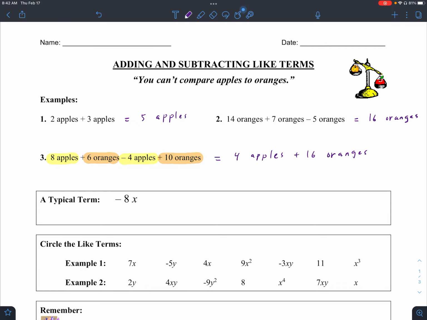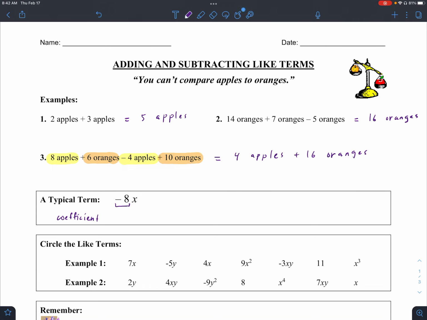So let's now talk about what a mathematical term actually means. What is a typical term in math? A term in math has a coefficient. This part here, this number in front, is the coefficient.